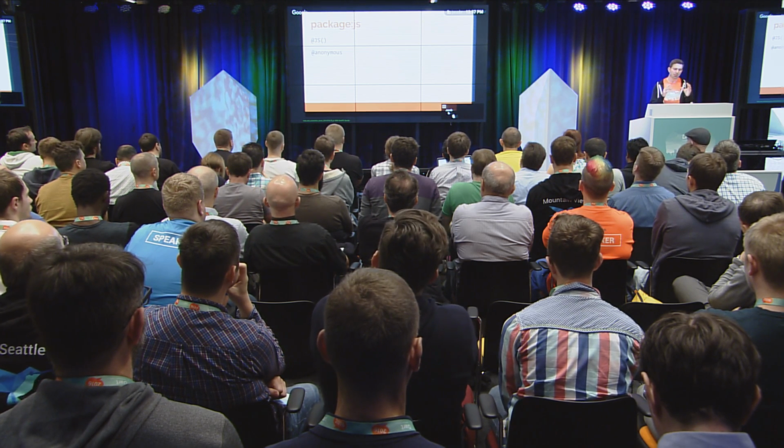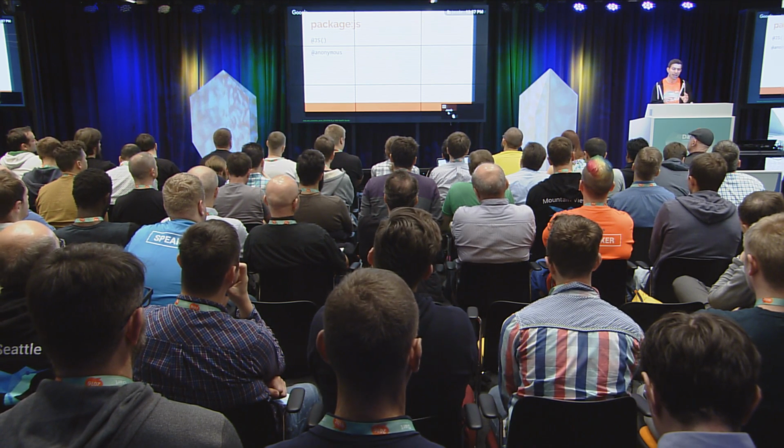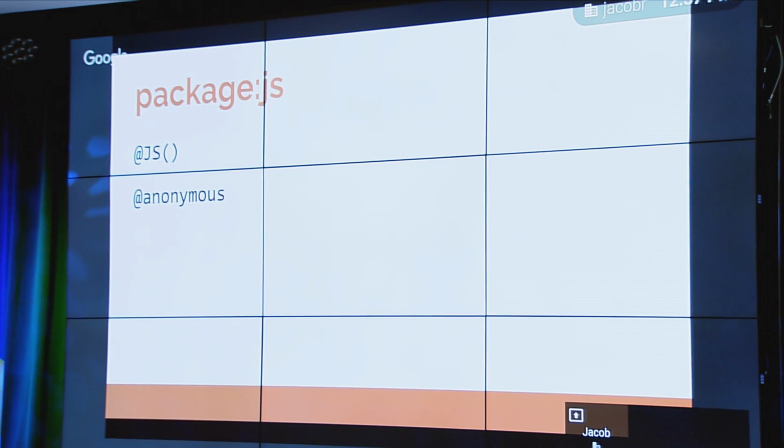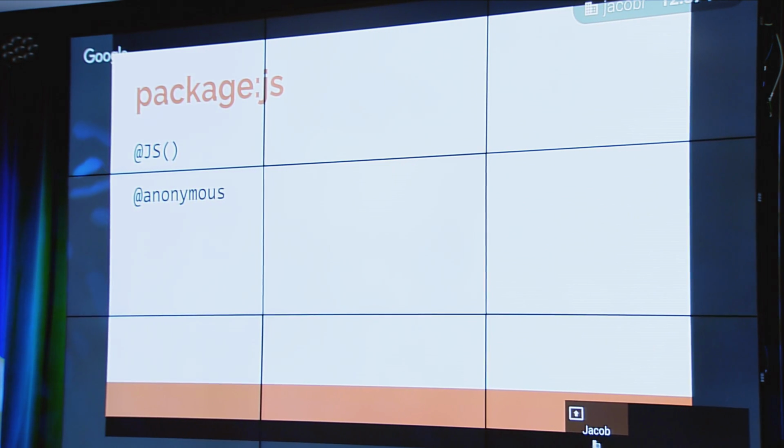So the new interop solution's user-facing API is package:js. package:js has a really small API surface. It's really just these two annotations, @JS and @anonymous. You just use @JS to indicate whether libraries, classes, and top-level members are coming from JavaScript.